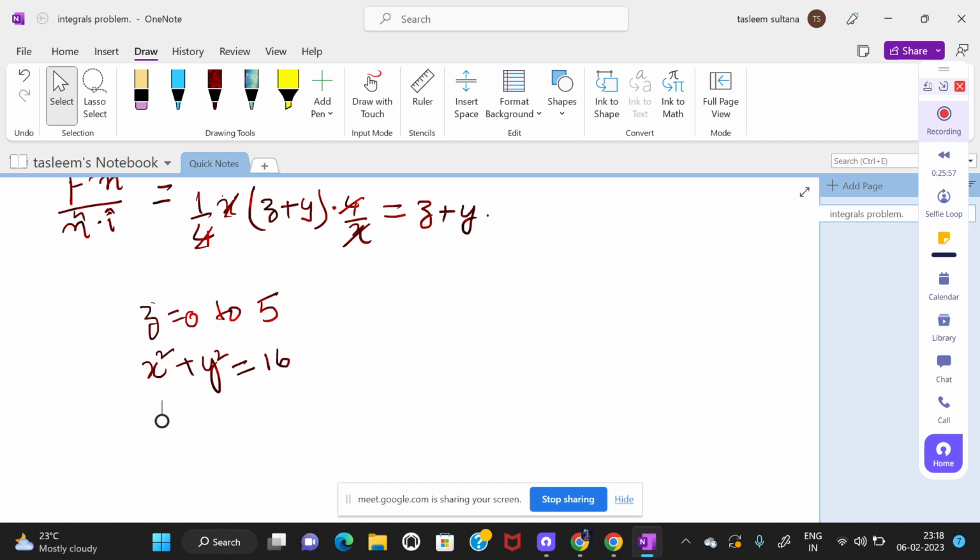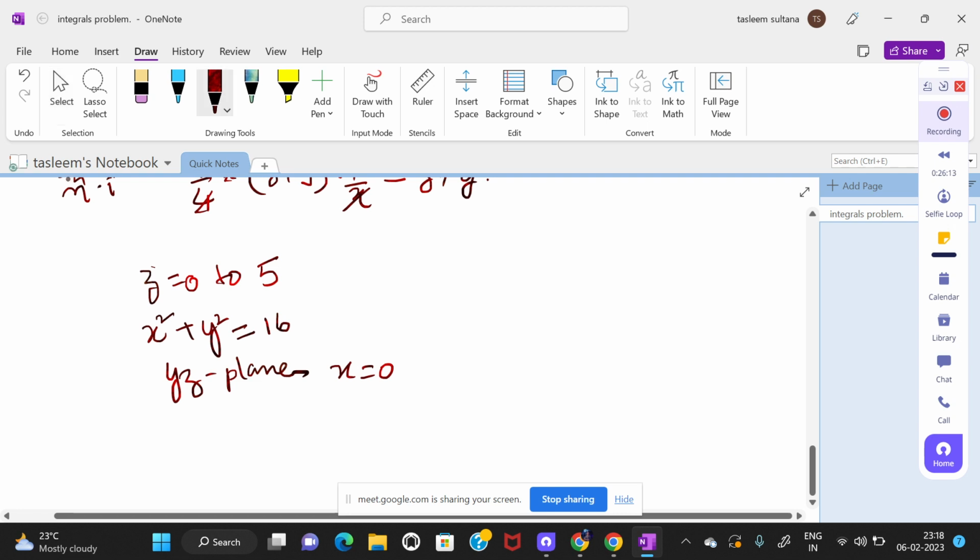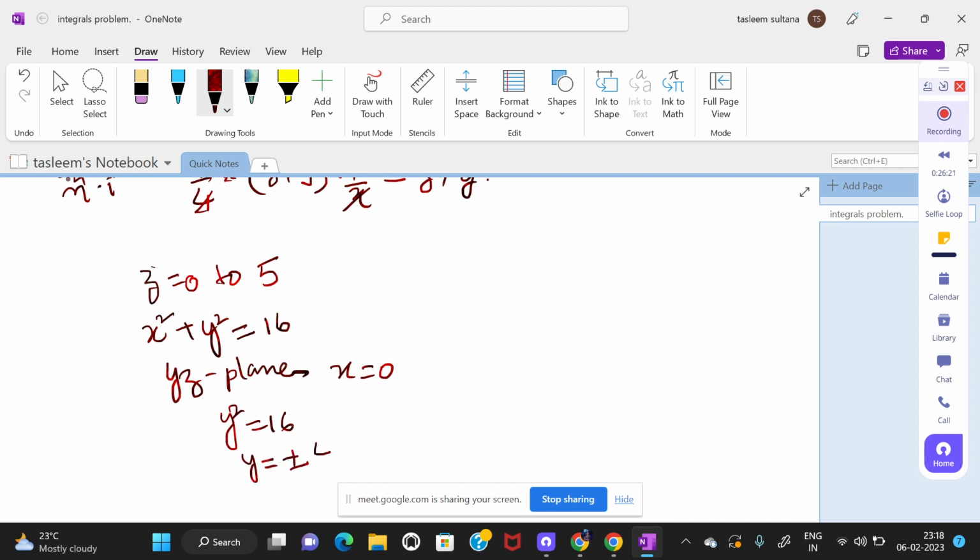Since it is in the yz plane, x is equal to 0. So we are going to get y square equals 16, where y is equal to plus or minus 4.